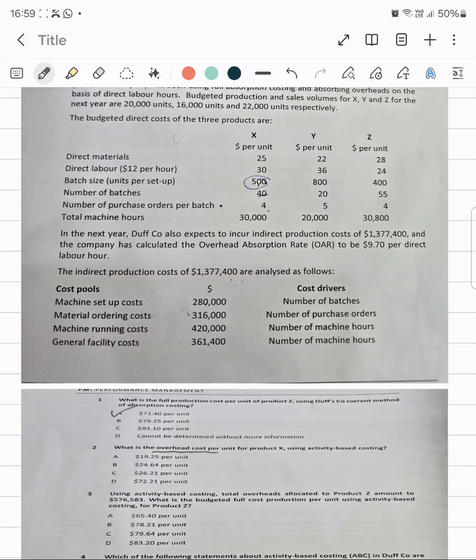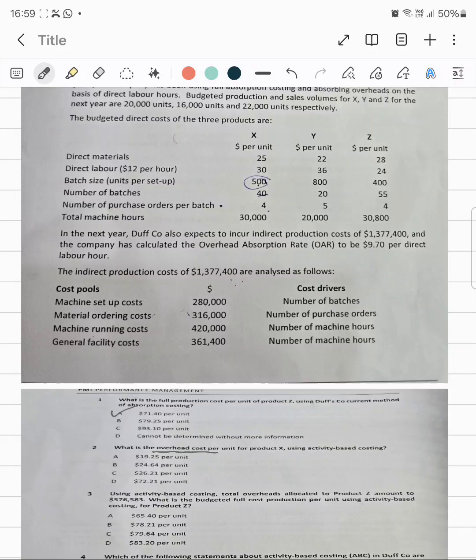Over here we need to calculate only the overhead cost of product X. There are different cost pools given in the question: machine setup cost, material ordering cost, and machine running cost. We'll calculate the cost for each cost pool, and then we will assess the cost per unit for the overheads.